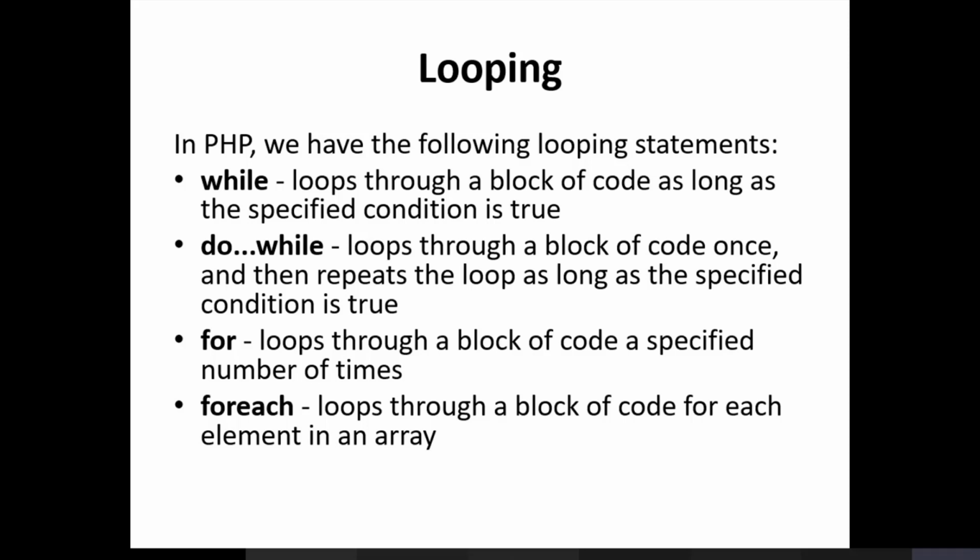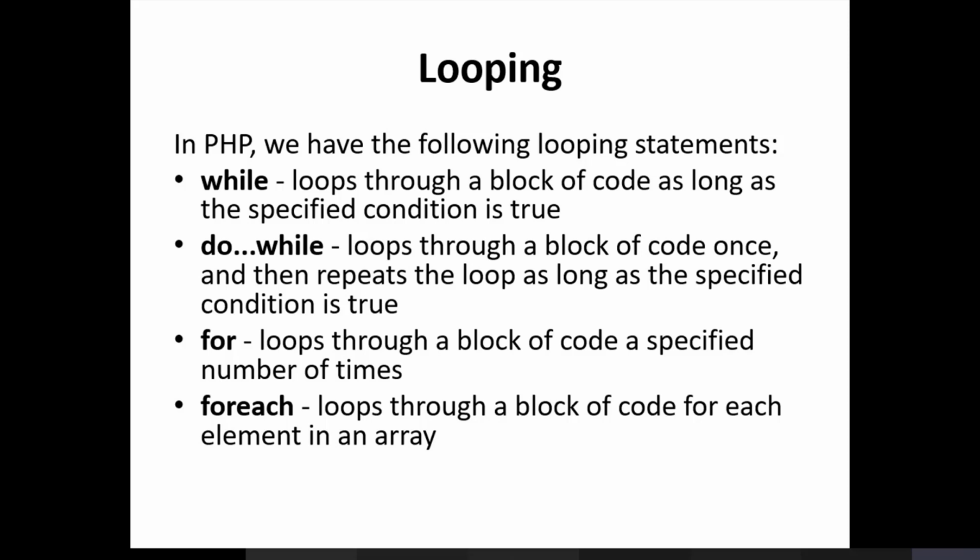For loops through a block of code a specified number of times. There comes a question: if we want to select a loop for our program where we have a specified number of times, which looping statement will be best suited for this scenario? You all go through the question, and it says that you need to find a loop that is best suited for a specified number of times.